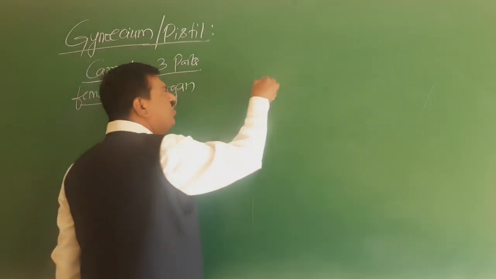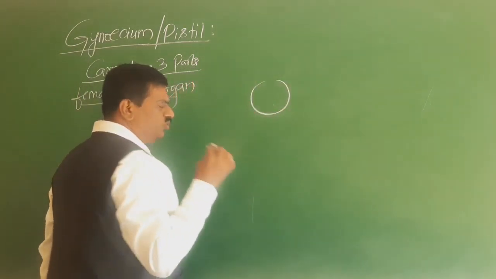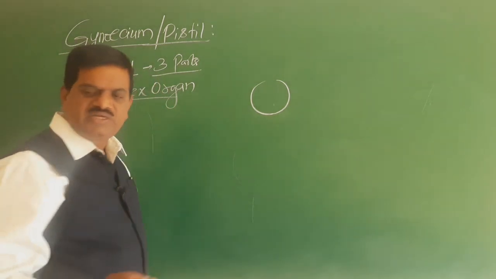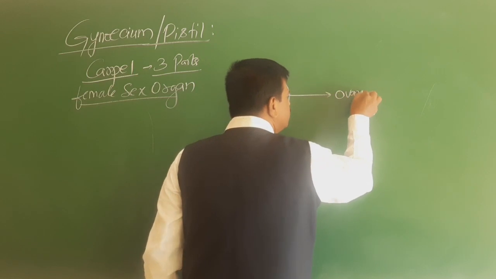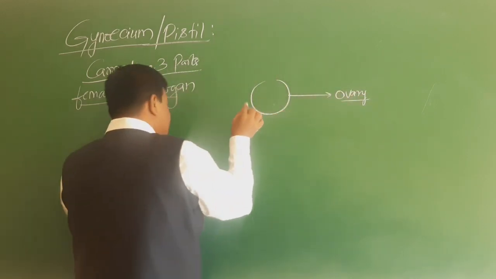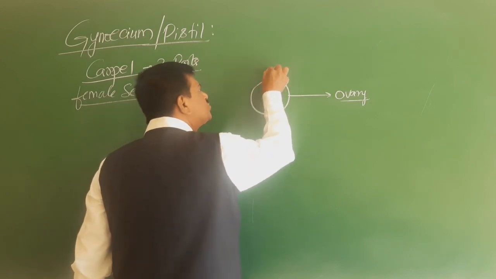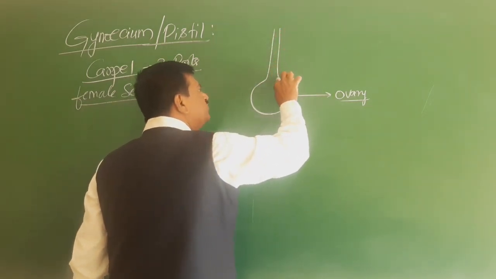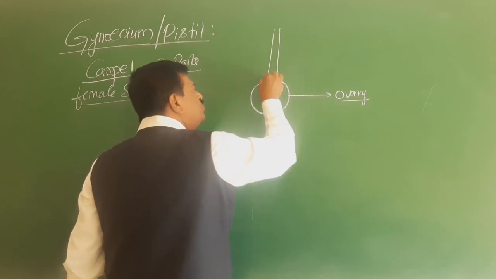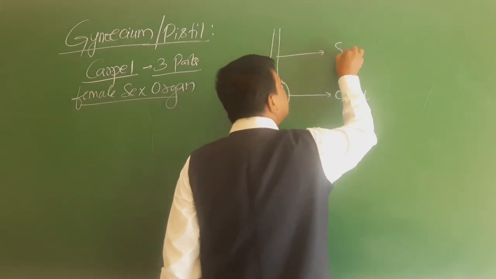One is the lower swollen part, which is always called ovary. On the lower side, there is a swollen part called ovary. The second part is a long elongated tube-like structure, which is usually called style.